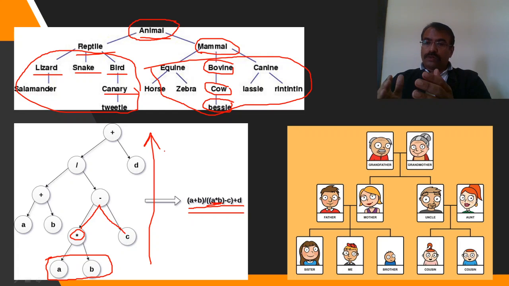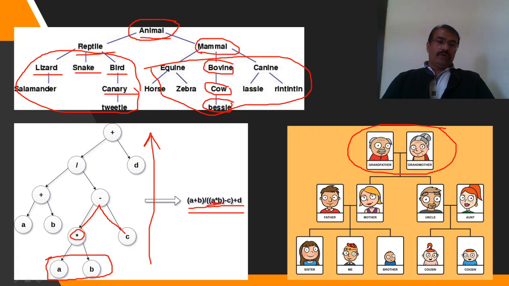This is also a hierarchical kind of data, or the thing which we all have done in our younger days. In the school workbook, we have arranged our family tree. So there are grandparents, then parents, uncle, aunt, their children, cousins, father, mother's children. So this is the family tree. This is another example of hierarchical data.